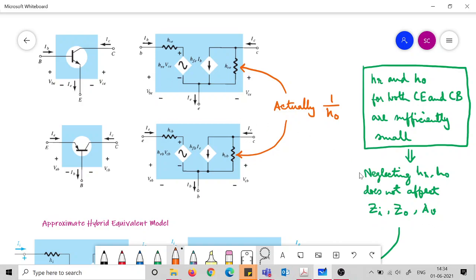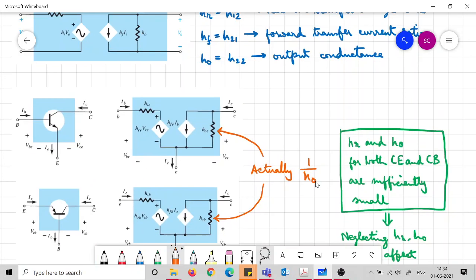These are the things that concern us, because they help us to utilize the two-port system in cascade and to understand the voltage gain when the BJT is working as an amplifier. So these are the quantities of concern for us, and if HR and H0 are neglected, it does not affect this Zi, Z0 and AV to a great extent. That's why we can come to the approximate model.